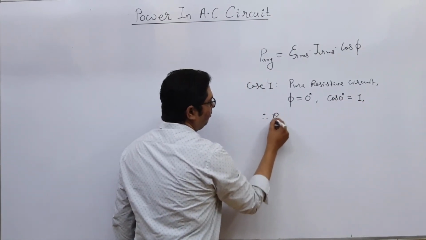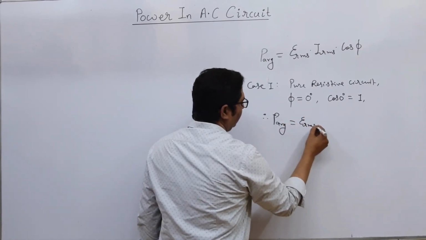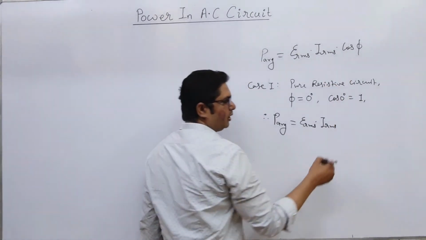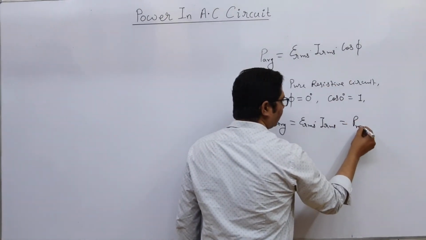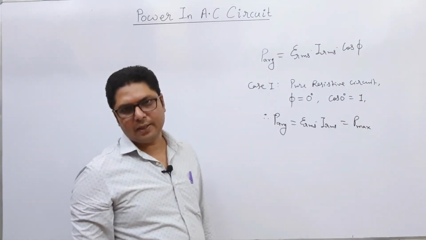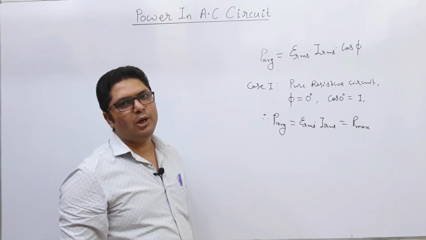Therefore P average equals ERMS IRMS, because cos phi equals 1. This is said to be P max. This means that maximum power is dissipated when AC current passes through only a resistor.